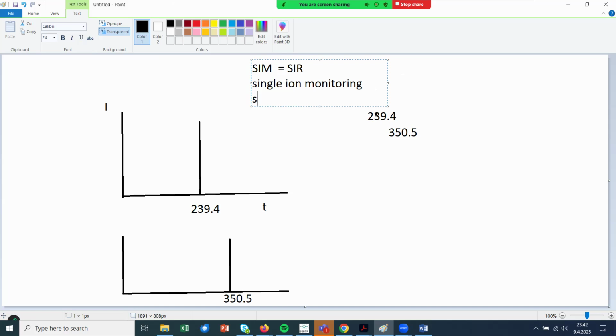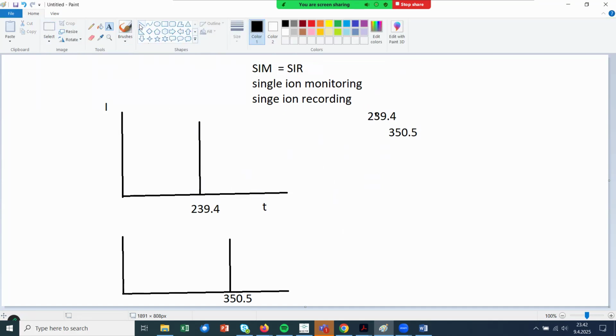Or single ion recording. So these are synonymous. So we have selected single ions that we are monitoring, and if they are present, we see the signal, and if they are not present, we don't see anything.